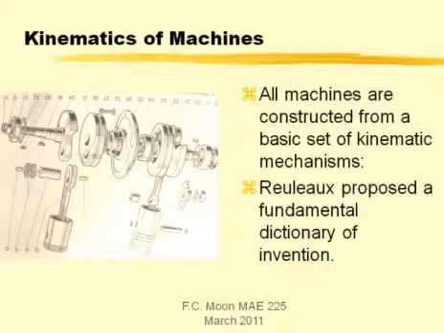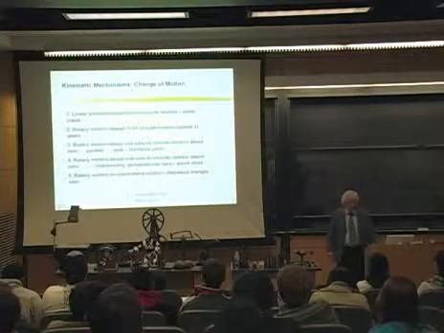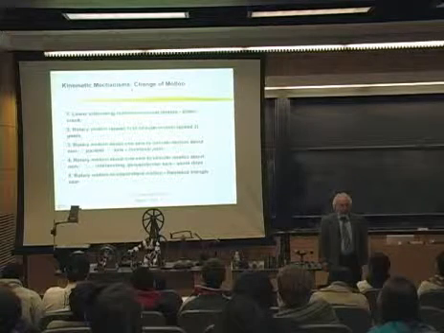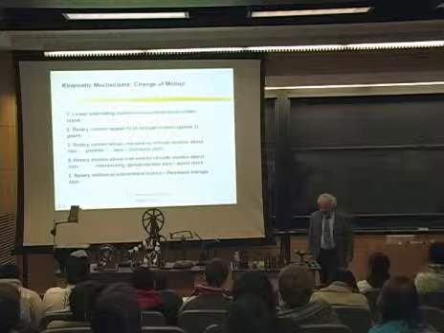And we've already said here that all machines are constructed from a basic set of kinematic mechanisms. And Rouleau proposed a dictionary of invention by looking at all of these different mechanisms. Now, what do mechanisms do? They change the motion from one form to the other.